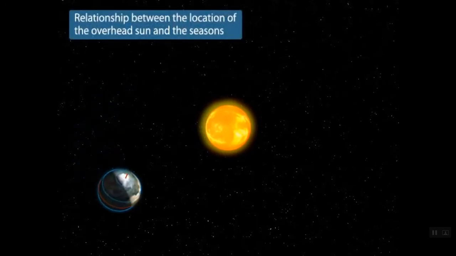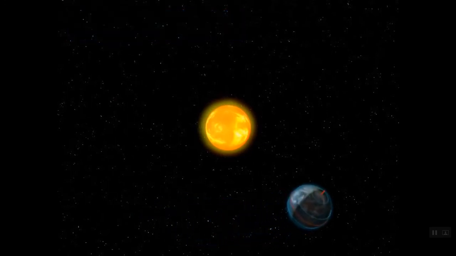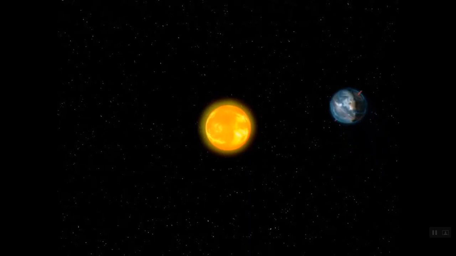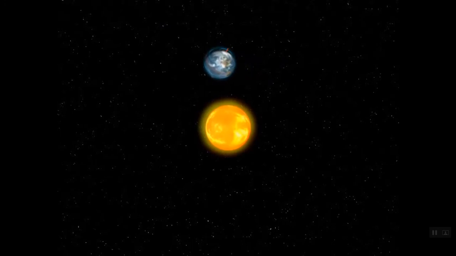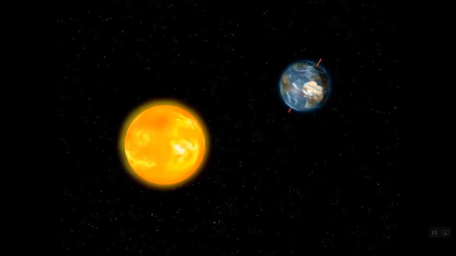Relationship between the location of the overhead sun and the seasons. Similarly, the revolution of the Earth and the tilting of the axis results in different angles of the sun during different periods. When the sun is directly overhead, we call this the overhead sun.